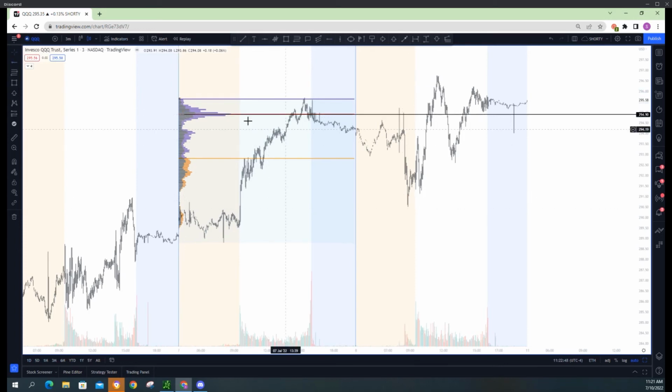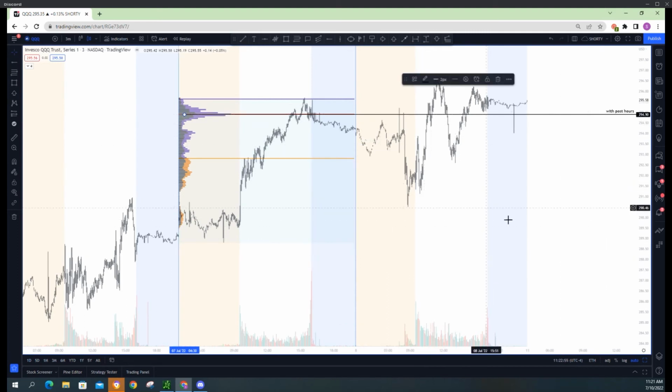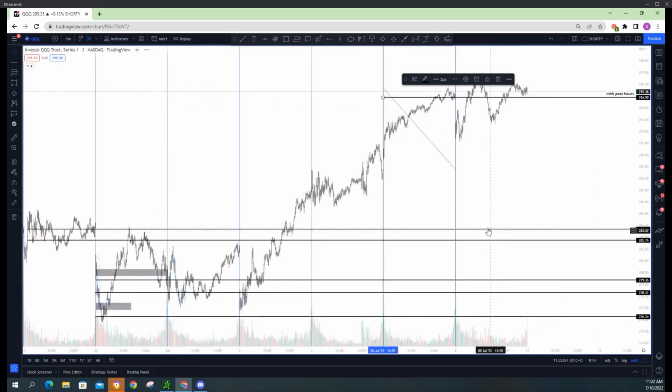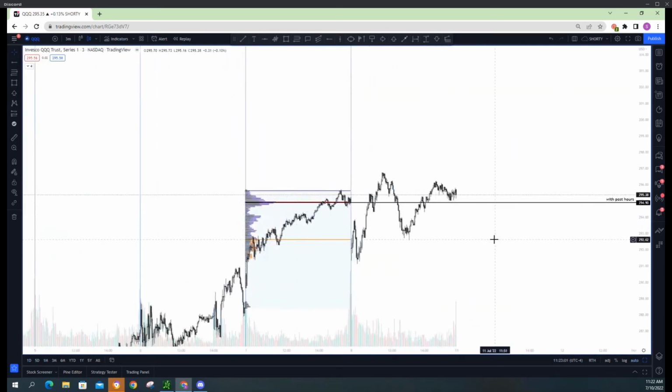It shouldn't shift much. So if I change this, this is with post hours, and I shift it, now there. Honestly, not much for me to worry about.